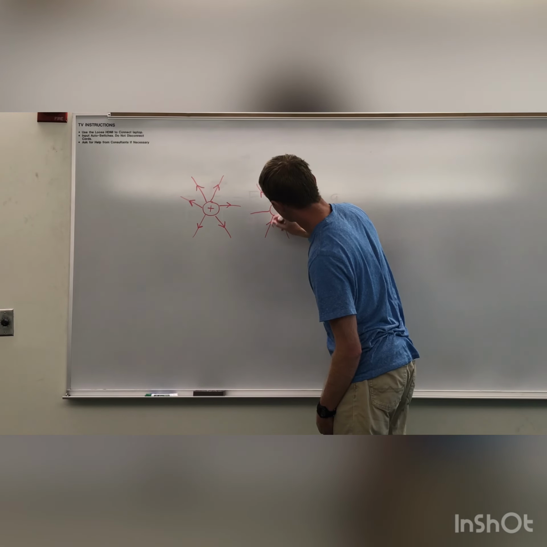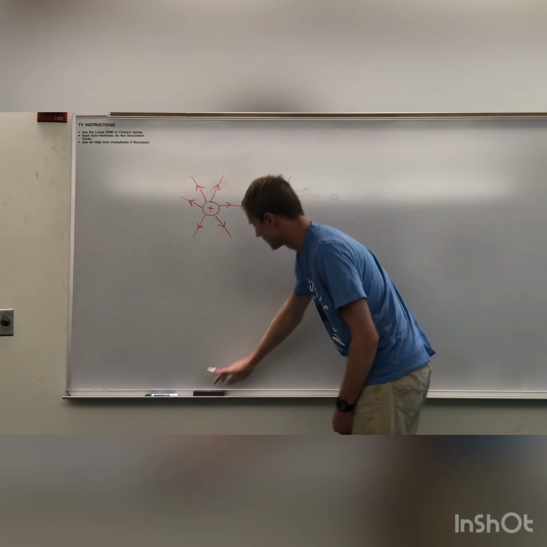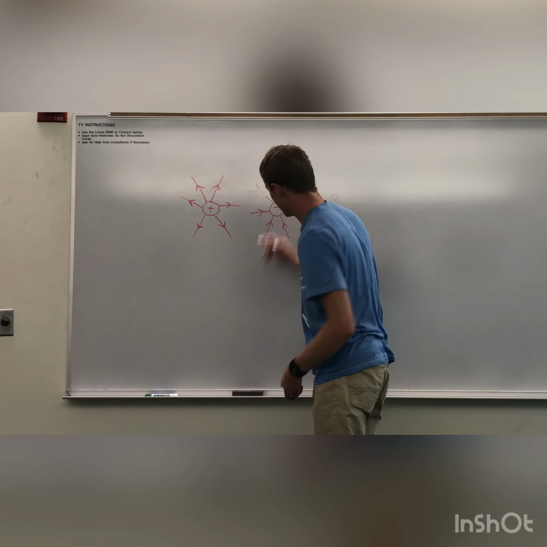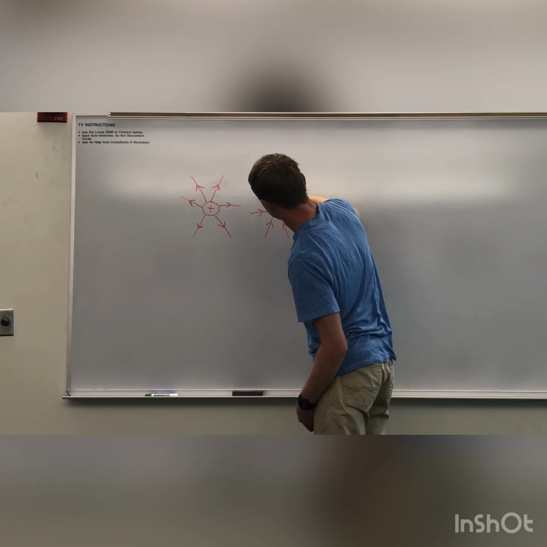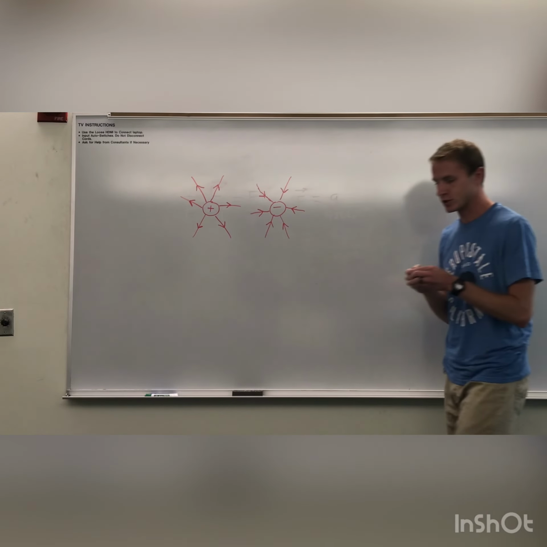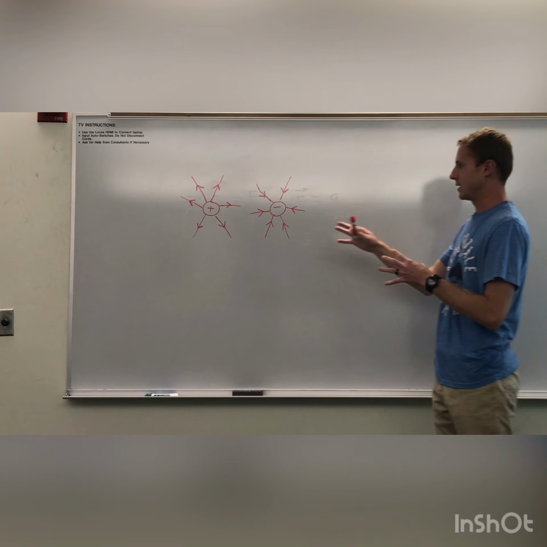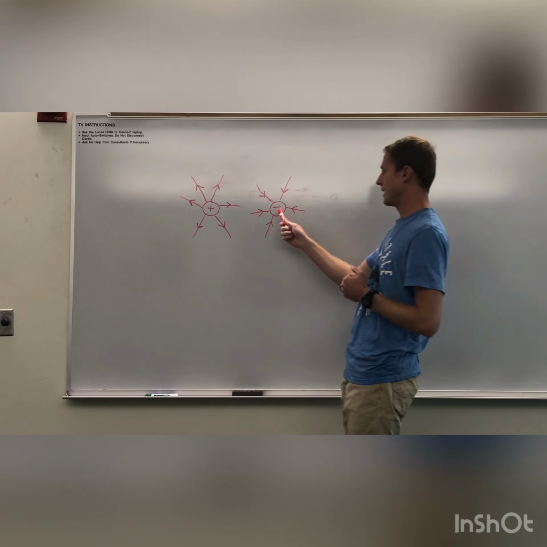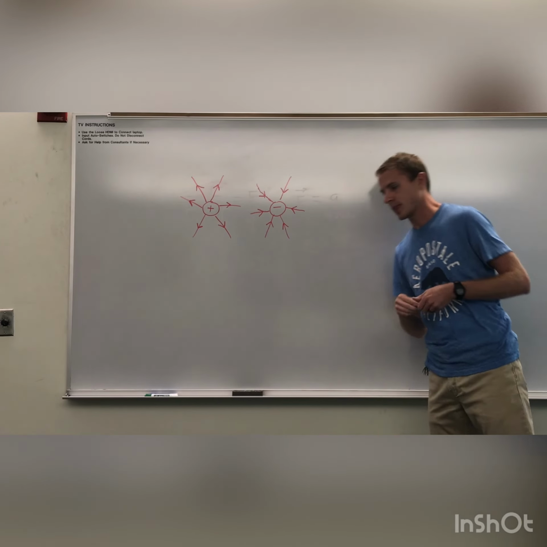Sorry, that first one's pointing out. They terminate on negative charges. So you can help yourself visualize different charge distributions by these rules. They begin on positive charges and end on negative charges.